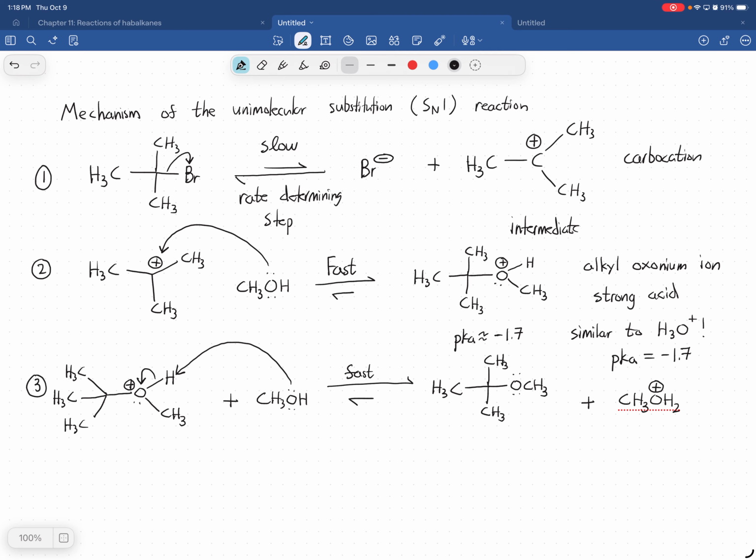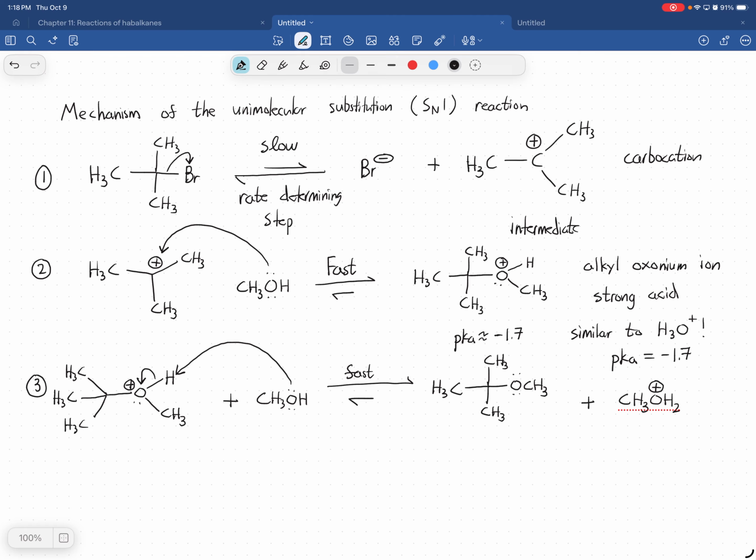And that's why this reaction only occurs for the most substituted substrate, right? The most tertiary substrate, because if we had a primary carbocation, that's not really very stable. It's not stable at all, so it rarely forms. So that's why it never occurs during our SN2 reactions. We never saw carbocation form at all.